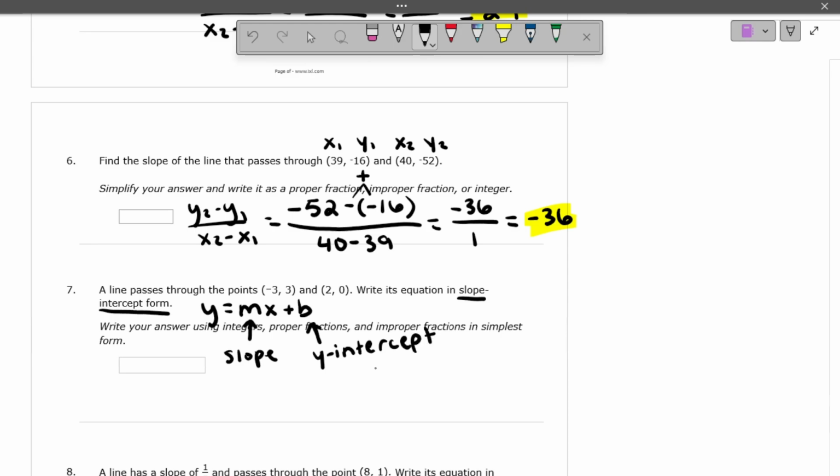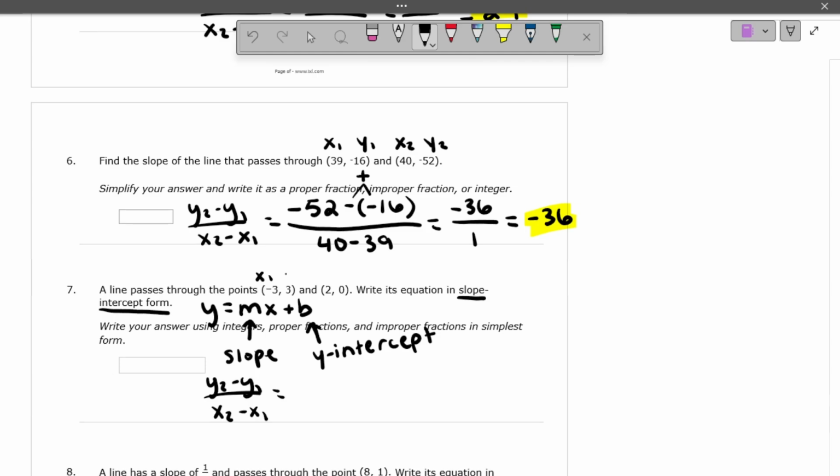In order for us to even figure out what this is, first we're going to solve for slope, since m is a part of our equation and we have 2 points. So let's find the equation of this line by finding the slope first. So we do our y2 minus y1 over x2 minus x1.